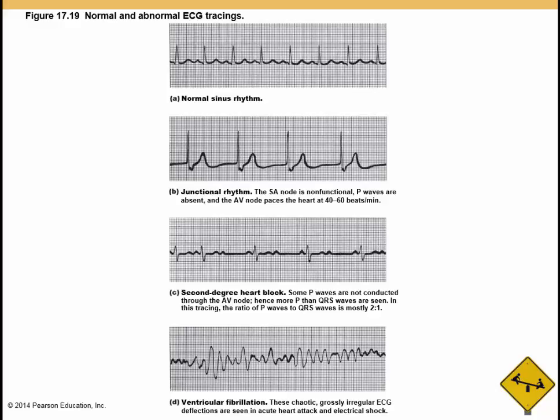Everything goes into contraction because everybody's reached threshold with that electrical current. Hopefully, when everybody relaxes and goes into diastole, the SA node will take over, all right, and get you back in a normal sinus rhythm. If not, up the dosage. Shock with a little bit more. See if we can get that heart to reset to normal sinus rhythm. That's what you're doing with that shock, that electrical shock.